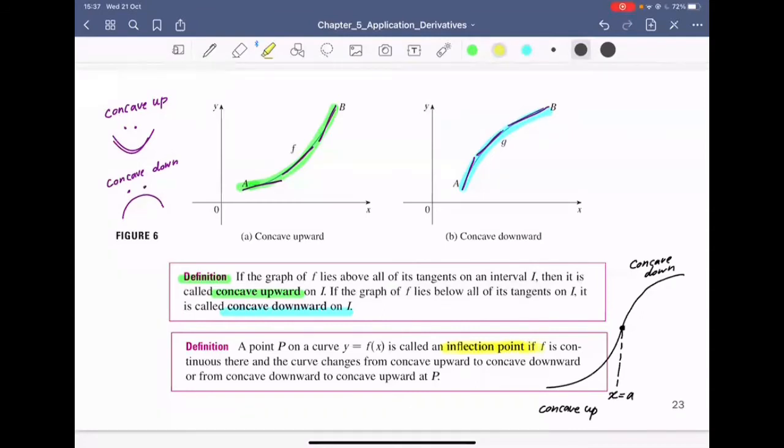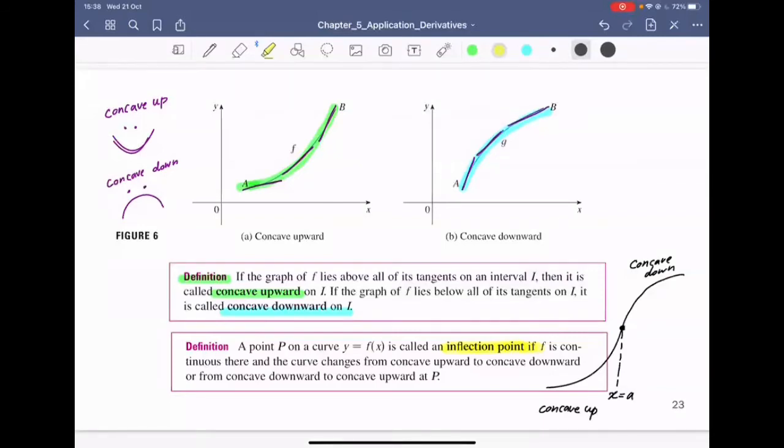Does it make sense? How do we know that the function is concave up or concave down? By looking at the equation, not from the picture. If I give you a picture, it is easy, because you can look at it and figure out this is concave up, this is concave down. However, when you get the equation, the thing that tells you is the second derivative.